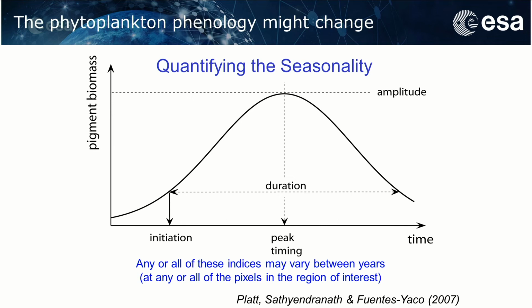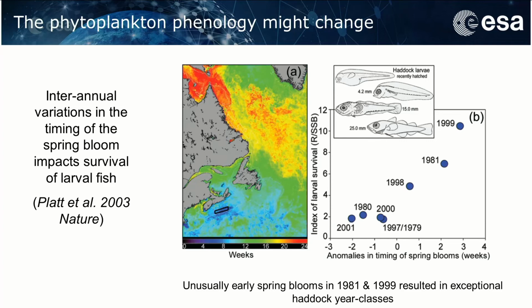Trevor Platt and Shubha Sathyendranath and others have done a lot of work on phytoplankton phenology. What they've shown, certainly in Trevor Platt's paper in Nature in 2003, is that interannual variations in the timing of a phytoplankton bloom impact the survival of larval fish. Here we have an example of an index of larval survival as a function of anomalies in the timing of the spring bloom.